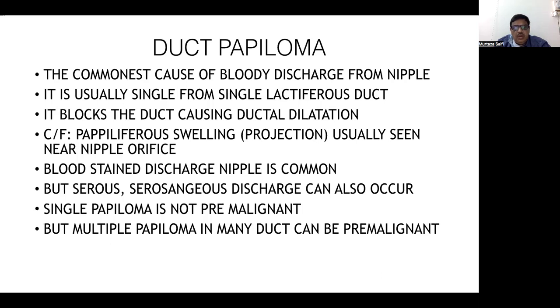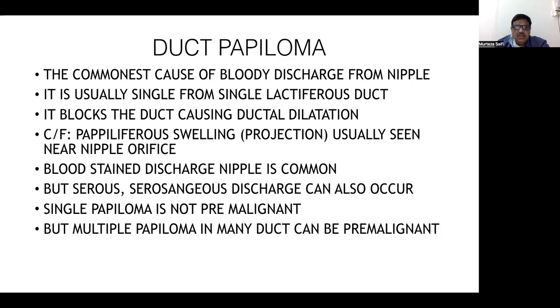Ductal papilloma is the next benign disease. It is the commonest cause of blood discharge from the nipple. It is usually in a single lactiferous duct. It blocks the duct, causing ductal dilatation. Clinical features: papillary swelling, a projection usually seen near the nipple orifice.